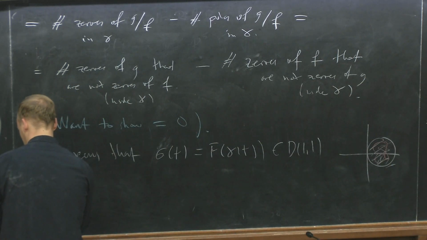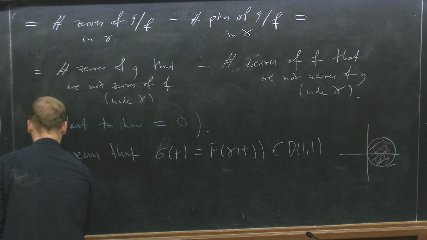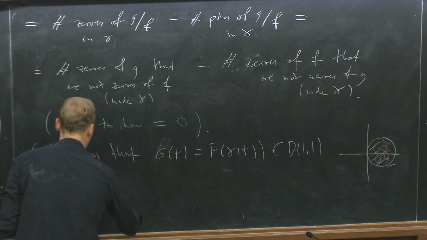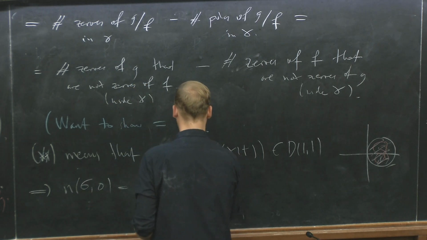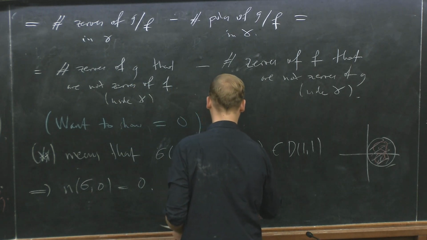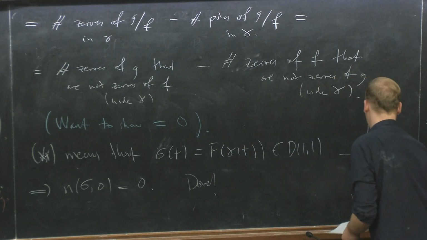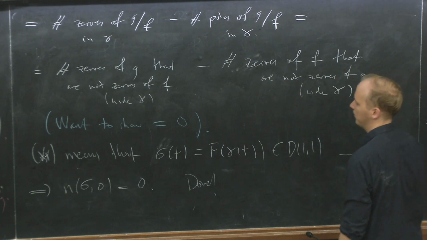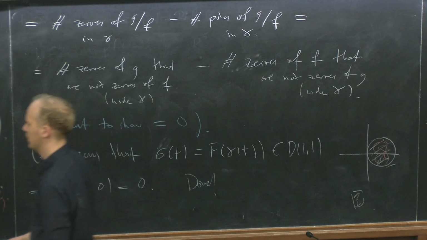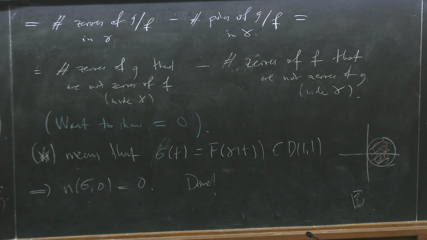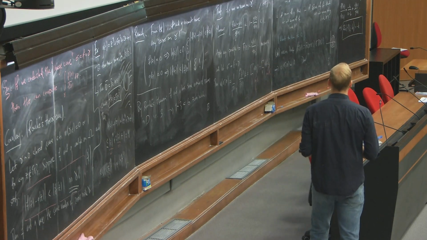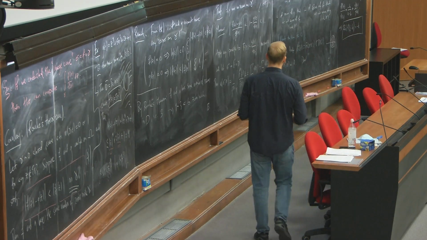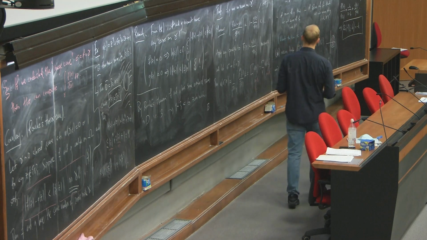So this implies that this winding number has to be 0, and we are done. We are done in the sense that we have proven that we have the same number of zeros inside gamma.